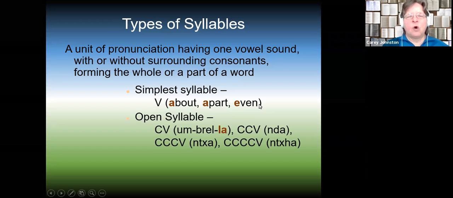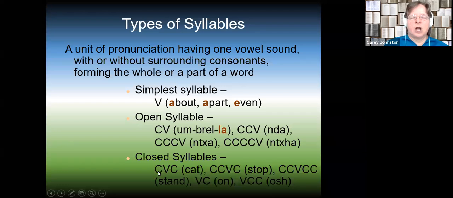Then you have an open syllable, where the syllable ends in a vowel. So then you have a consonant with a vowel, and you can have any combination of consonant clusters there with those vowels. A closed syllable has a consonant or consonant clusters at the beginning and end of a syllable. So here, consonant, vowel, consonant, like the word cat.